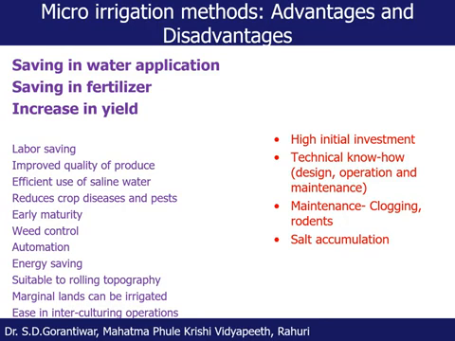Because we can get rid of application and distribution losses in the micro irrigation method, there is a lot of saving of water vis-a-vis the surface irrigation method. Experiments conducted worldwide have shown that if we adopt micro irrigation compared to surface irrigation, there is a saving of 60 to 80%, or sometimes more than that.